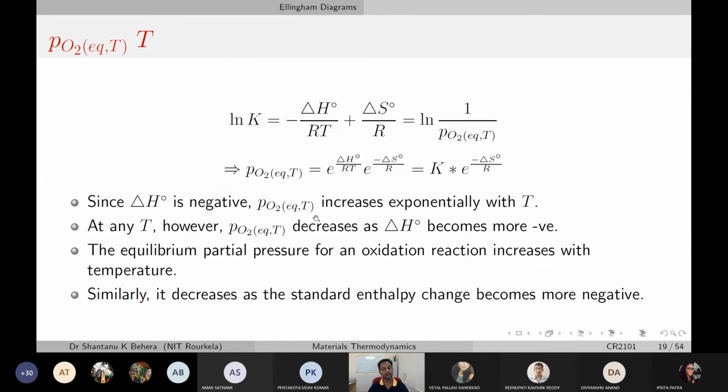So this equilibrium PO2 at a specific temperature would increase exponentially with temperature, right? That means what does it mean? It means the PO2 required to make a metal oxidized would actually increase with temperature.